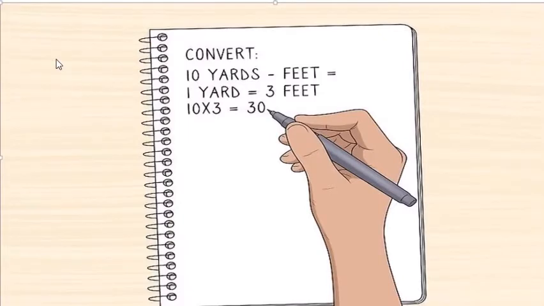Now let's see how to convert yards into feet. You can always do this calculation in your head, but write it out this first time to solidify everything in your mind, right? For this example, say you need to convert 10 yards into feet. This technique is best for whole yards without any fractions or decimals.